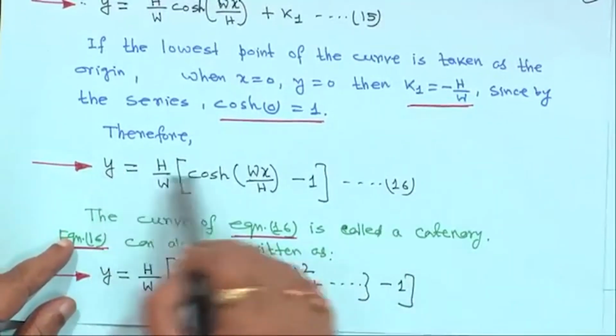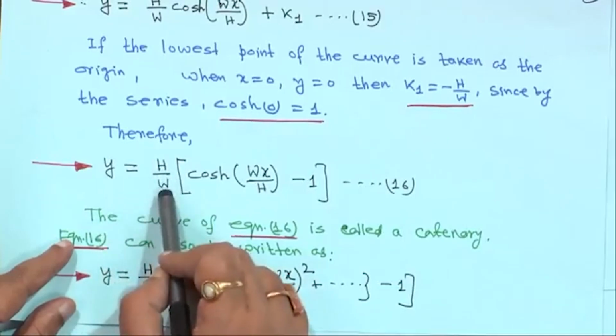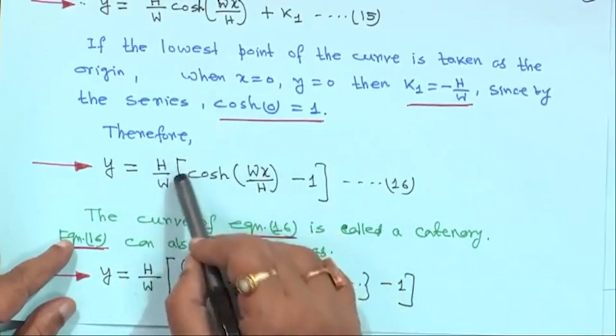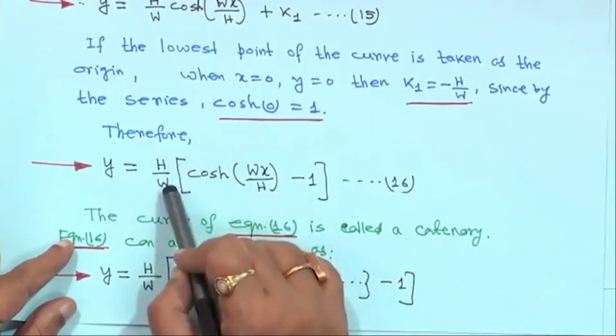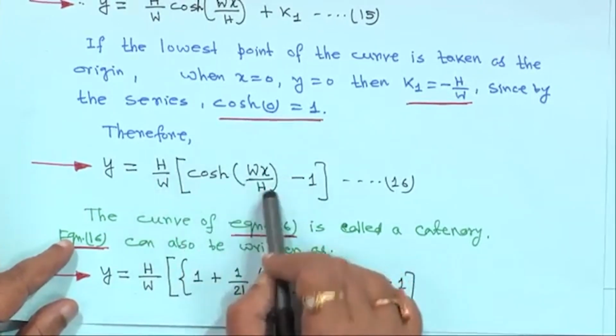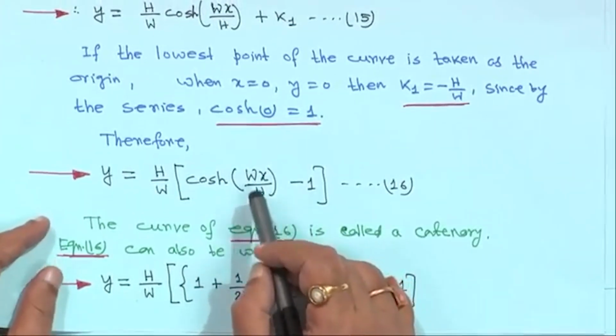You take the derivative with respect to x, it will be dy upon dx is equal to h by w, and it will come out w into w by h, then sin hyperbolic. So, h cancelled, w will be cancelled, and it will be sin hyperbolic w x by h, not showing here, because this is a simple thing and understandable to you, right.